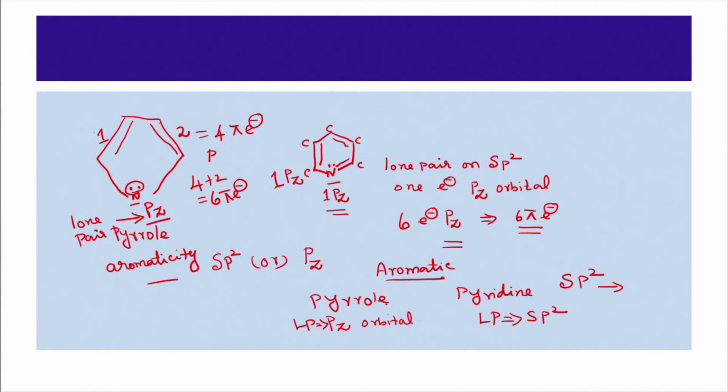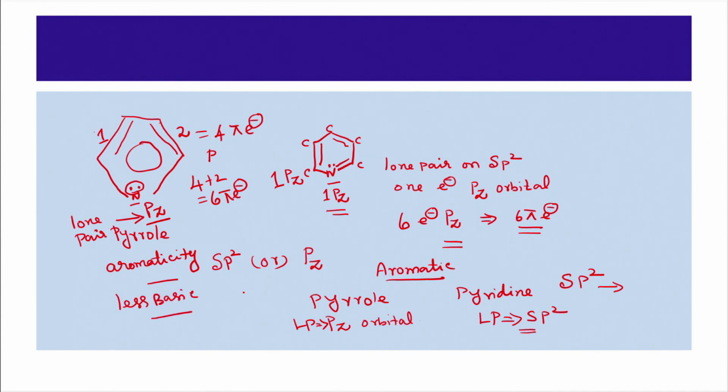By using this, we can explain the basicity of pyridine. Pyrrole is not basic because the lone pair is not freely available. It is involved in the aromatic pi electron formation, so pyrrole is less basic.